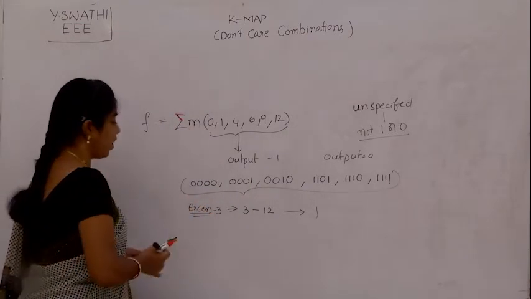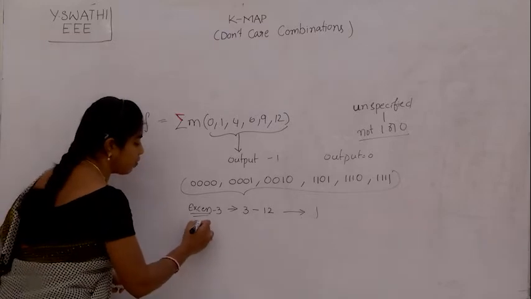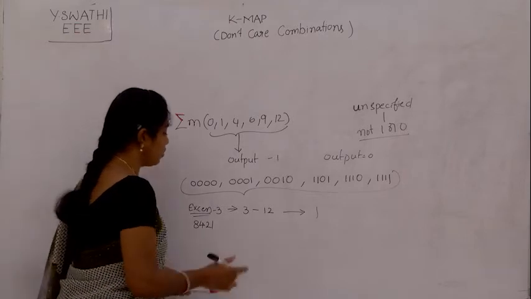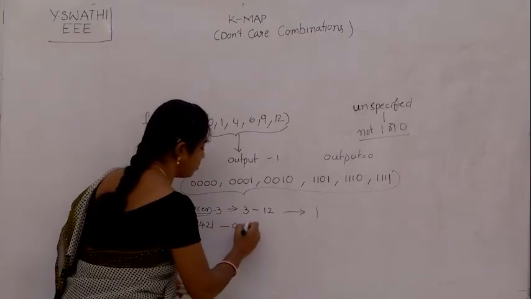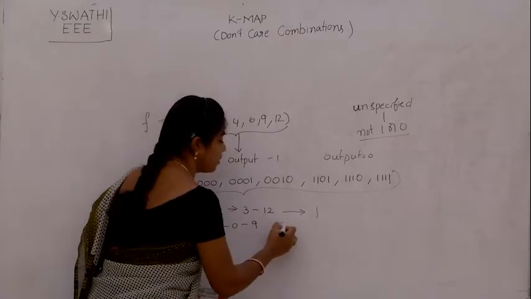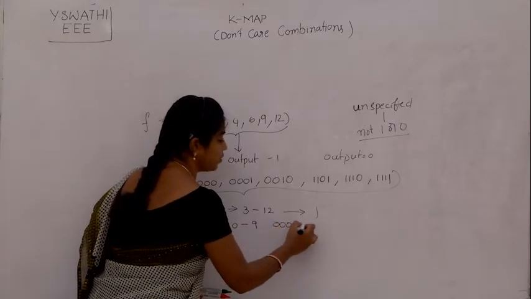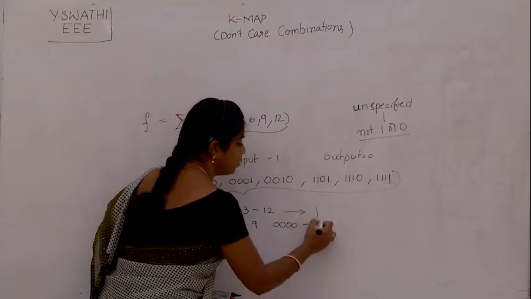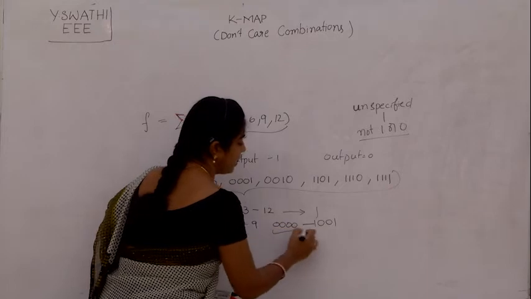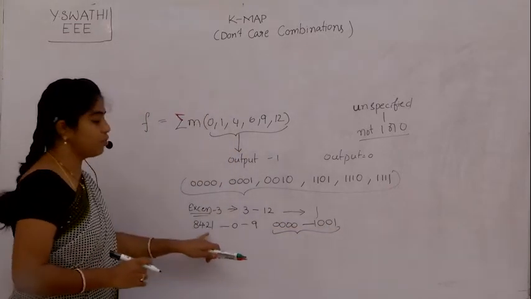Or you can also take the 8421 code or BCD code. For this BCD code you will have 0 to 9. If you represent it in 8421 code, it goes from 0000 to 1001.